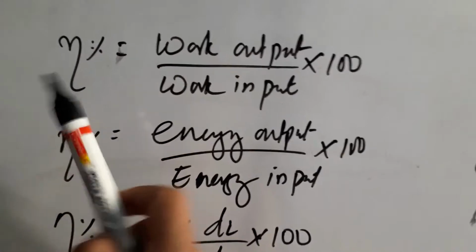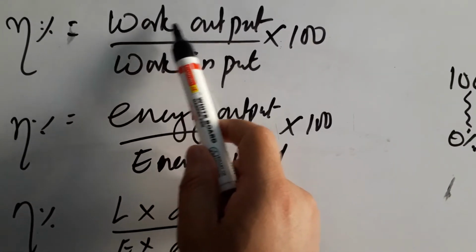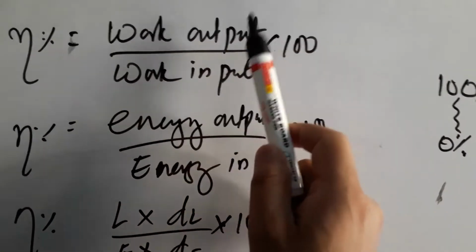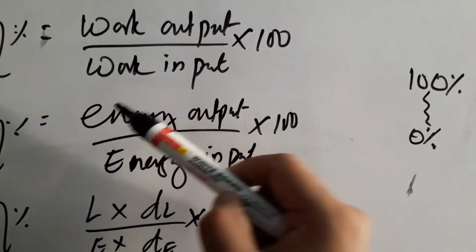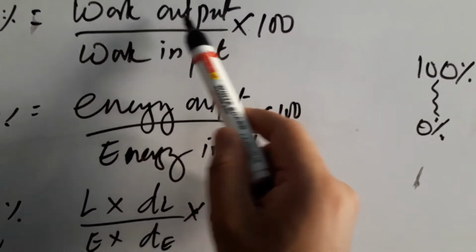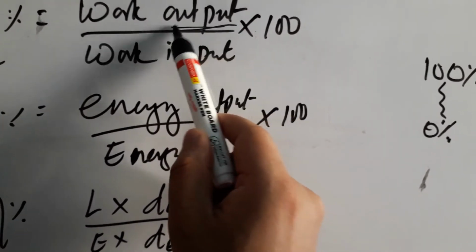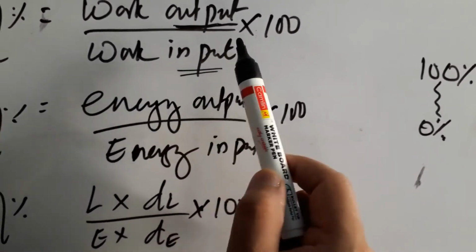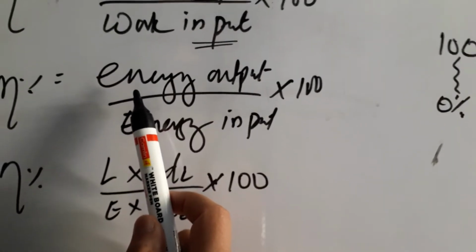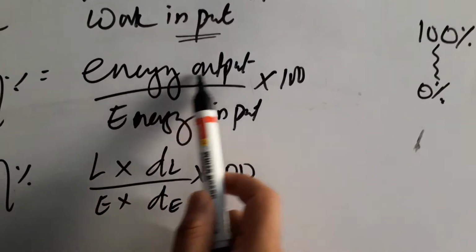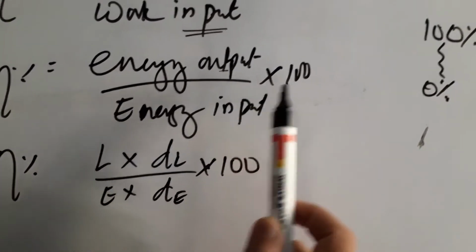For any machine, efficiency is calculated using work output divided by work input times 100. What you have to understand is that output is always in the numerator and input is in the denominator. Then, if we are calculating efficiency based on energy, it is energy output divided by energy input times 100.